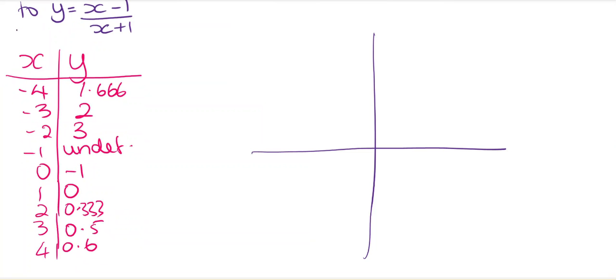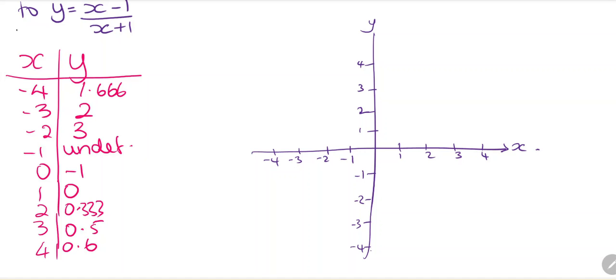Okay, so let's sketch this graph. So we have 1, 2, 3, 4 on the axes. This is our y, our x. Negative 1, -2, -3, -4.